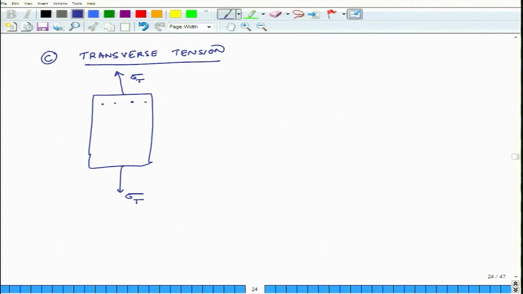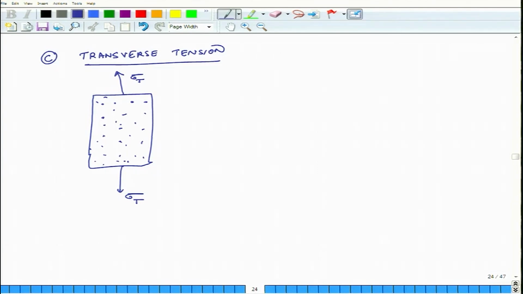What that means is that the fibers are aligned at 90 degrees to the external load. Now, when this is the case, we have discussed this kind of a situation earlier also.